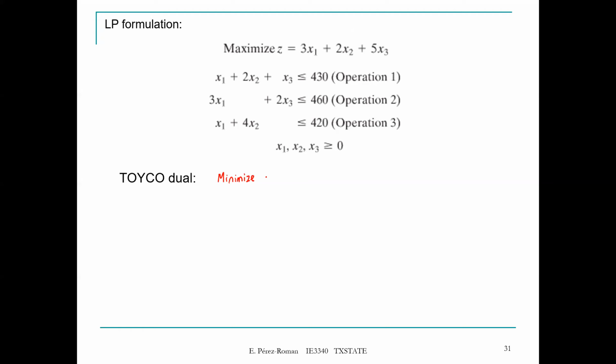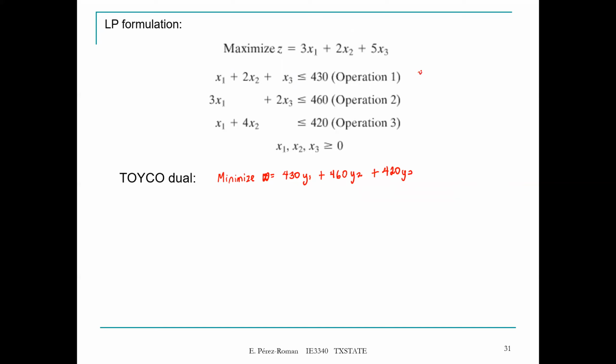Minimize Z equals, sorry, this should be W. W equals 430 times Y1 plus 460 times Y2 plus 420 times Y3.